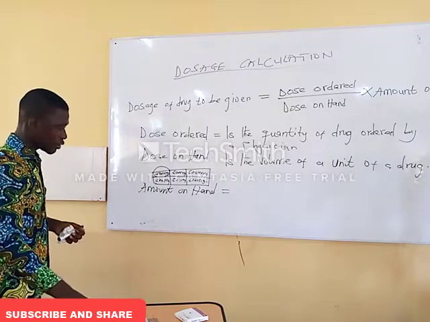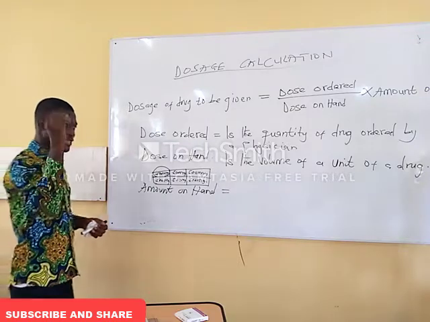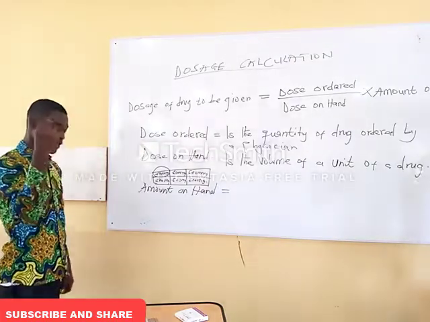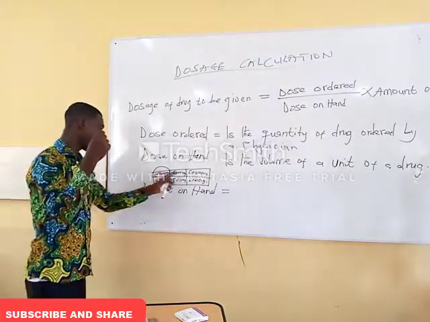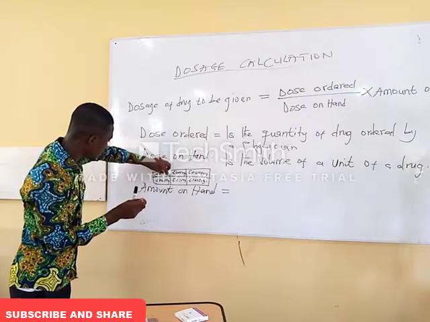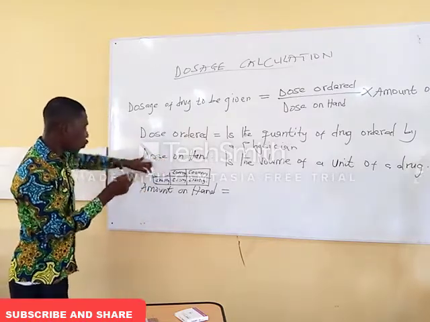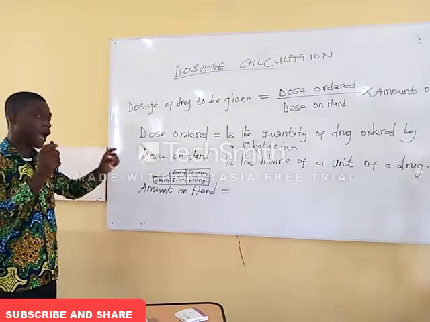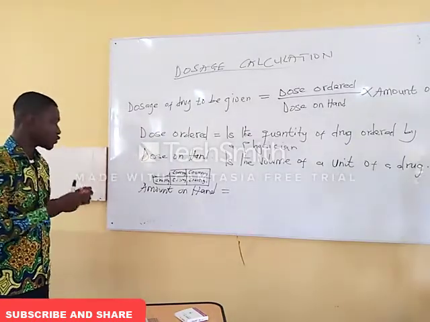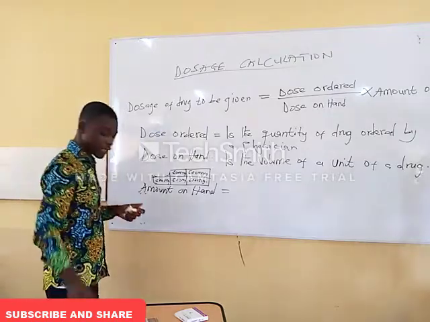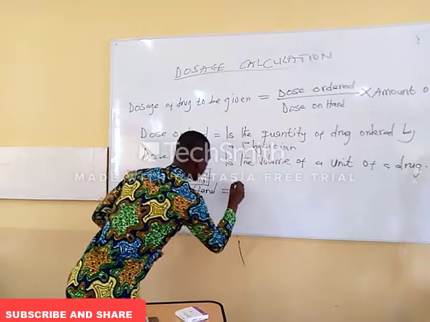If I take 1 tablet out of this, the 1 tablet that I have taken is the amount on hand. So the amount on hand is 1 tablet.